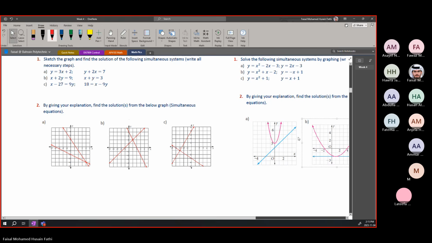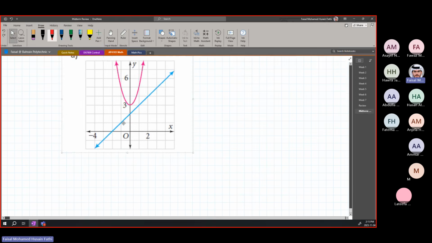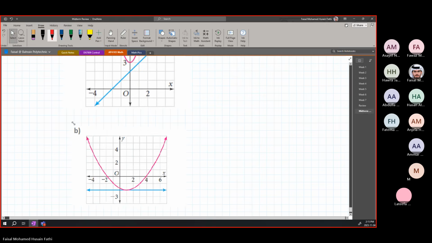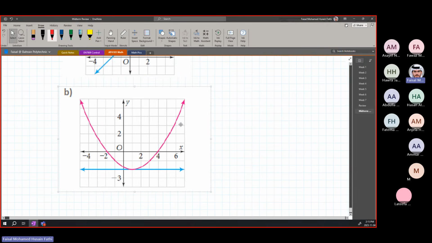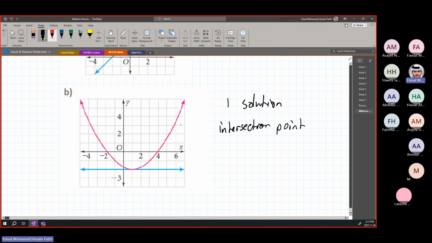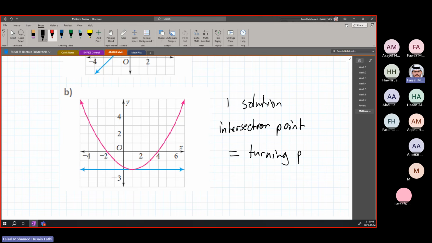In this case, there is only one point of intersection. The only time you can have exactly one point of intersection, meaning one solution, is when the intersection point, or the solution, is equal to the turning point coordinates. As you notice here, this is our turning point.